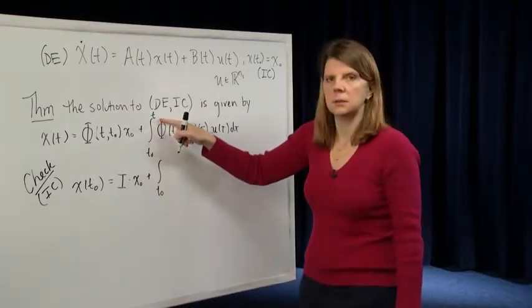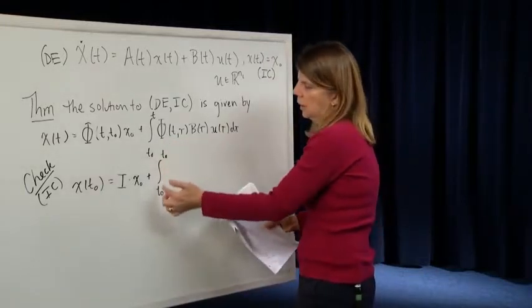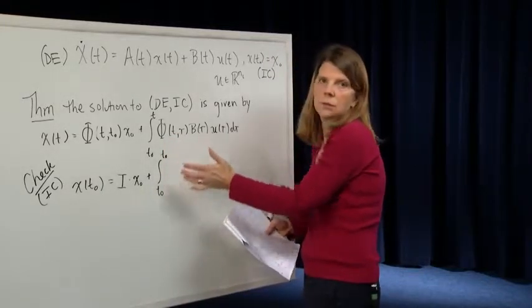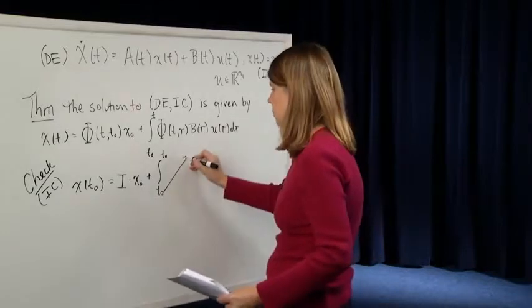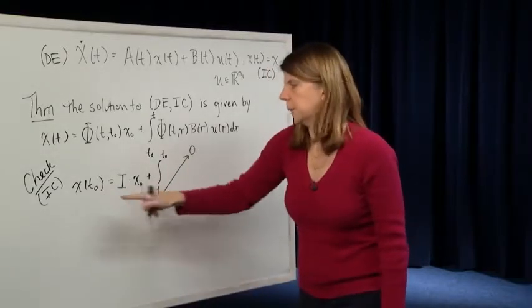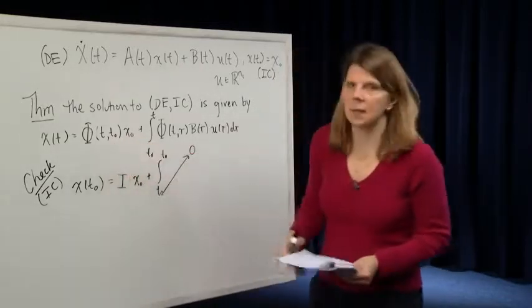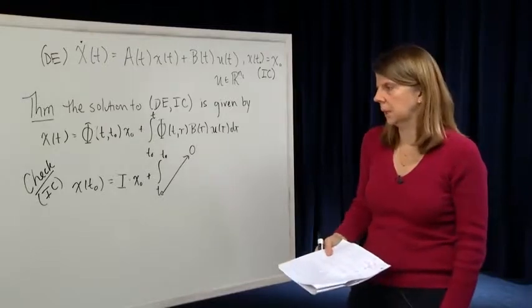Again, wherever we see t, we plug in t0. And now it doesn't matter what's here because we're integrating the integrand over 0 time. So the contribution from the integral is just going to be 0. And we end up with the check that this candidate solution is x0 at the initial time.